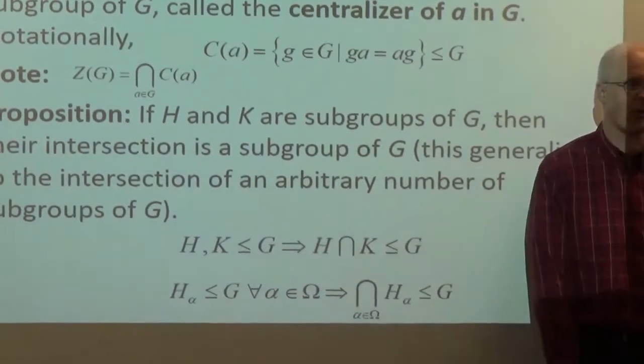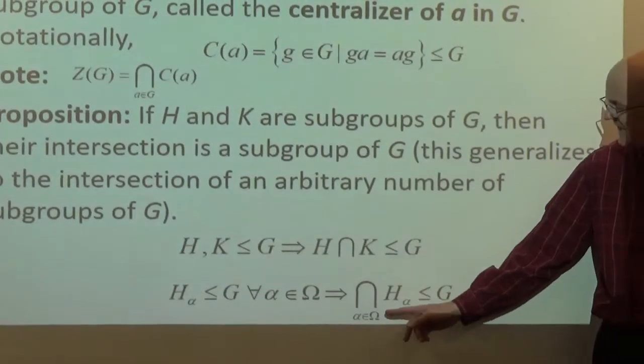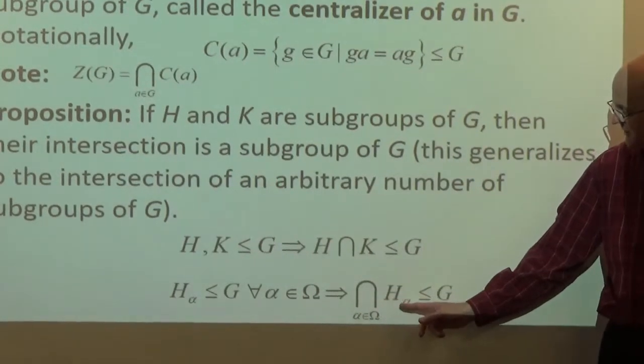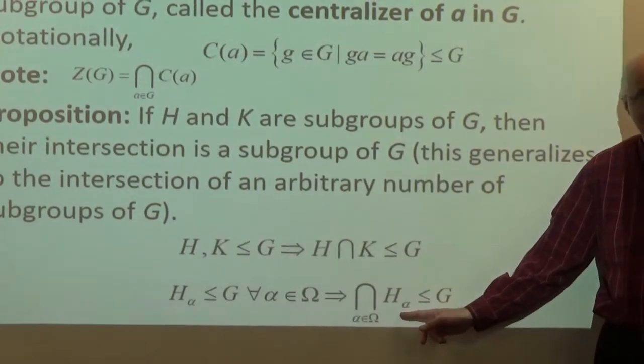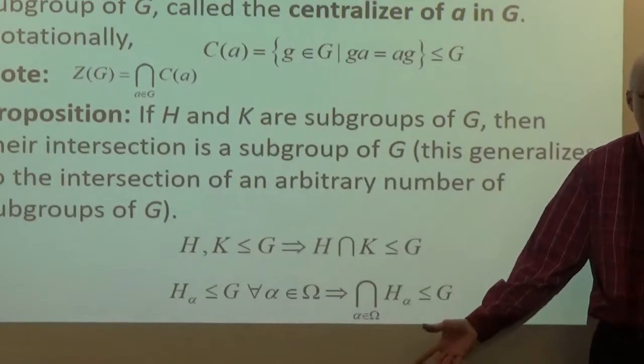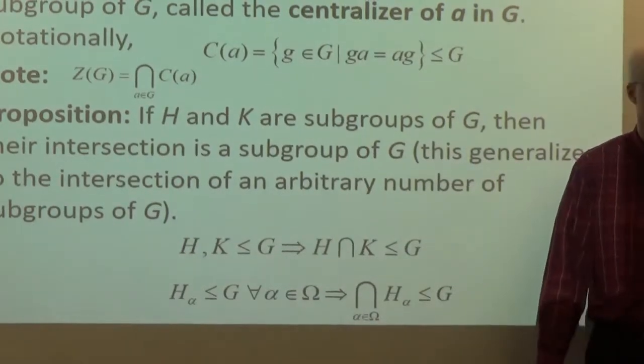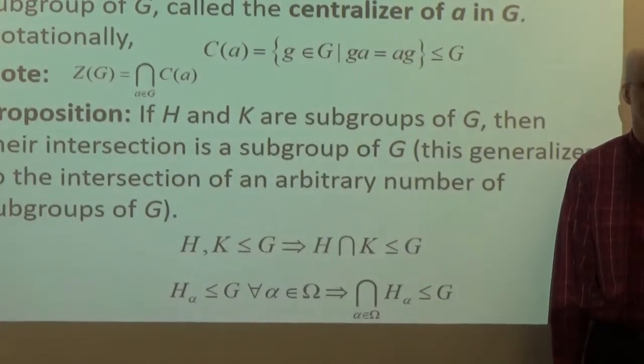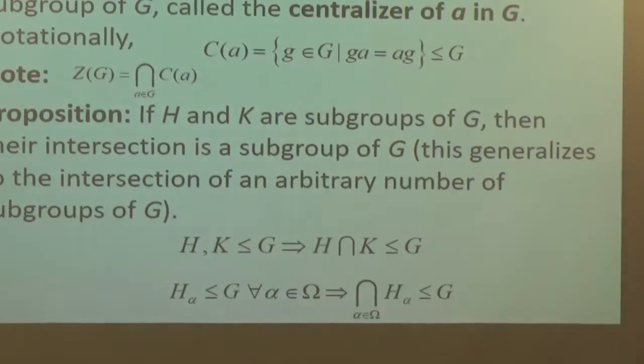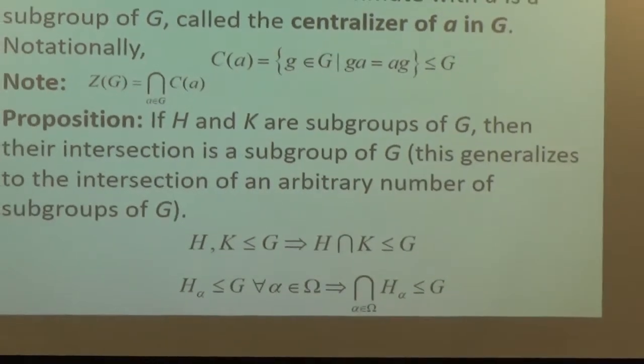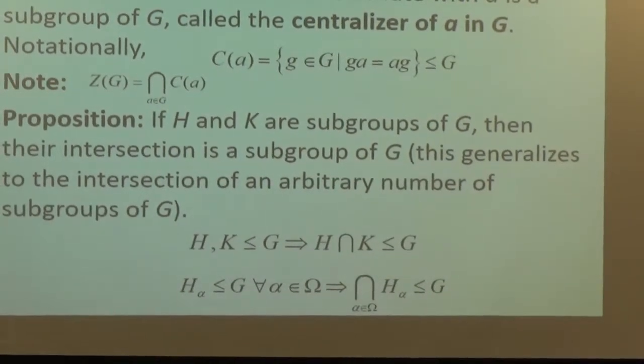Don't worry about what that is. Just say if an element's in the intersection of these H alphas, then it is in H alpha for every alpha in capital omega. Emphasis on the for every. And it's really not that much harder. Let's just see that.